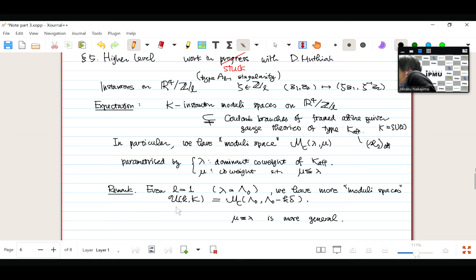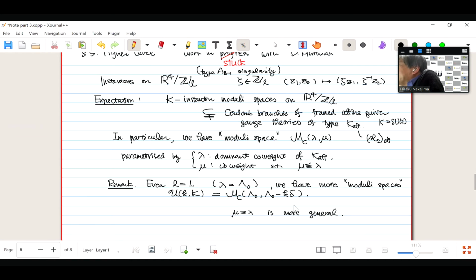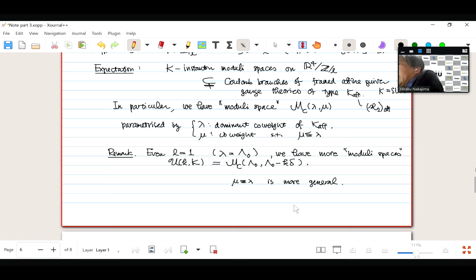The counterpart of the topological charge, k, is more complicated and corresponds to pairs of coweights. Okay. And in fact, this compactification corresponds exactly to the representation theory of the Langlands dual affine algebra. So this compactification is very good. Okay, let me continue.